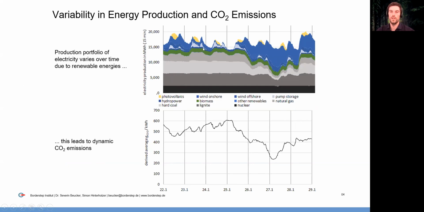If for each quarter hour you calculate the production mixture and derive a CO2 emission curve for the whole year, this is just for 1 week, but for the whole year, you see a lot of fluctuations there. Even here, you can see like halving the CO2 emissions within just a few days. So that's also a motivation to use that approach.